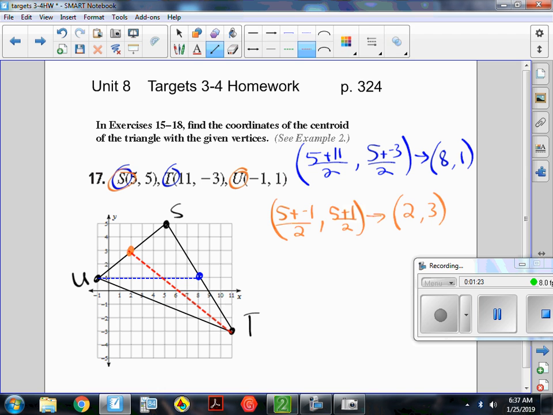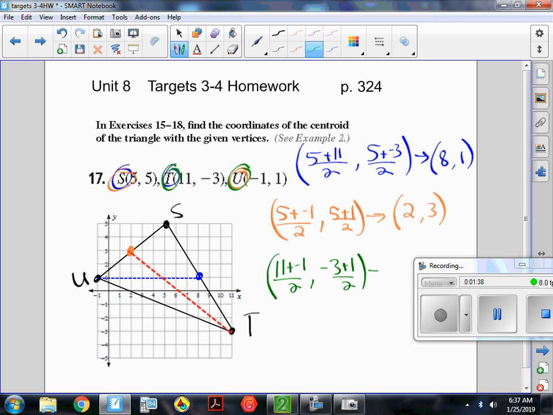And then for the last one, UT, I have 11 plus negative 1 divided by 2, and negative 3 plus 1 divided by 2. So 5, negative 1.